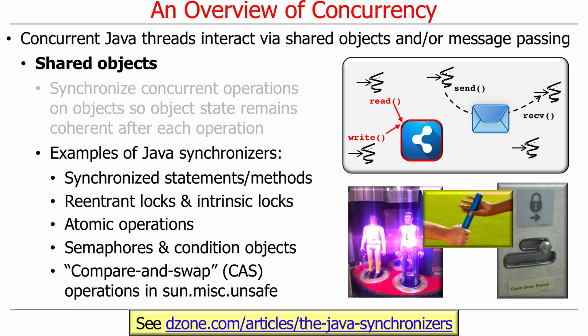And you can look at this article to get an overview of some of the things. So we've got mutual exclusion, locks, which is like the restroom in an airplane. We have things that allow you to coordinate or interact, synchronize between things, and so on and so forth. So there's a bunch of different ways you can do stuff in Java.